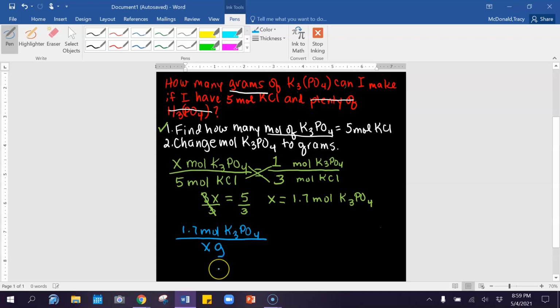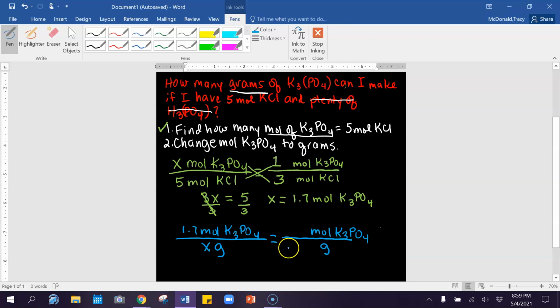How many grams is 1.7 moles of K3PO4? And in order to figure that out, I need to make that equal to moles of K3PO4. Notice that I just copied the units that I had on the left onto the right. And then I'm going to take my grams, and I'm going to write grams on the bottom.